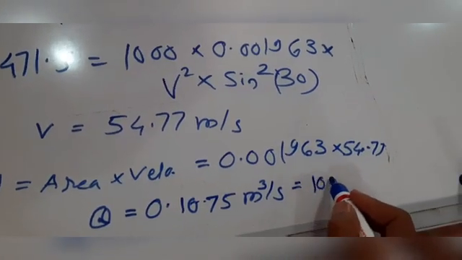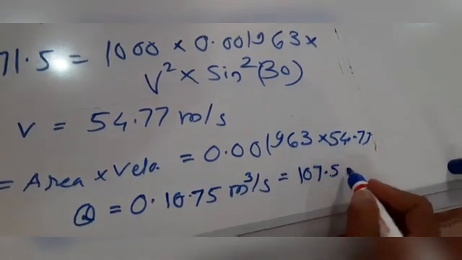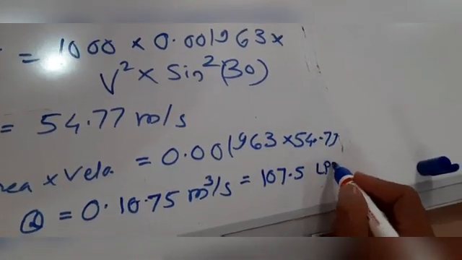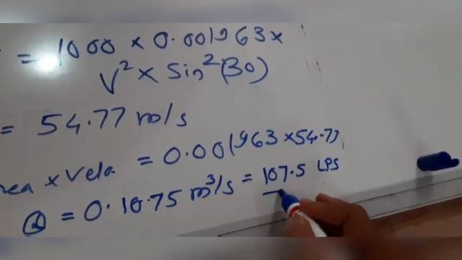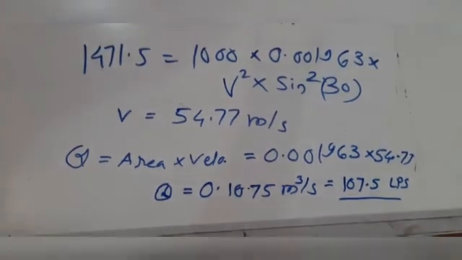This can be converted into liter, 107.5 liter per second, by multiplying by 1000.